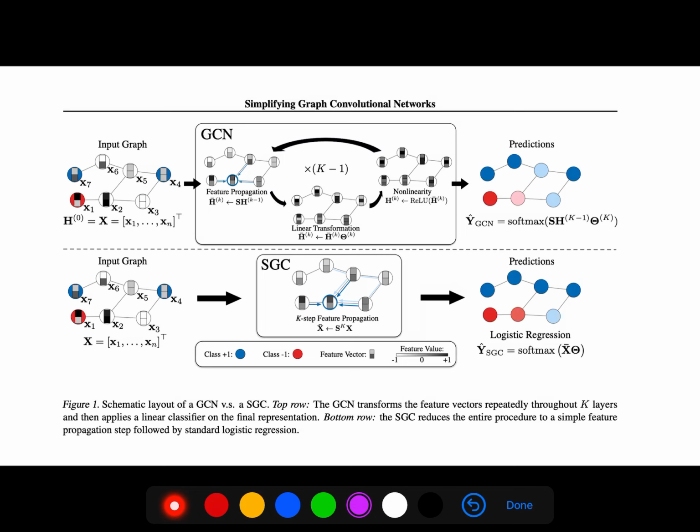The GCN transforms the feature vectors repeatedly through k layers and then applies a linear classifier on the final representation. The SGC reduces the entire procedure to a simple feature propagation step, followed by a standard logistic regression.